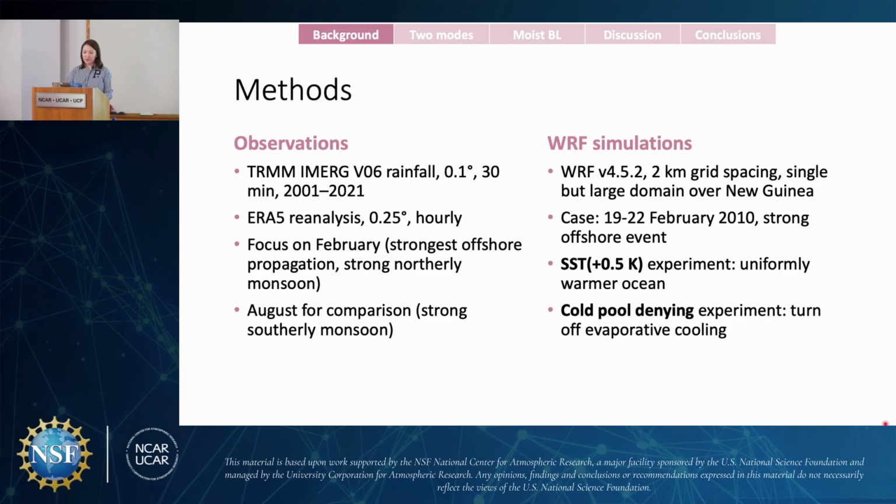The main case is a 3-day period from 19 to 22 February 2010, which shows a very strong offshore propagating event. We then run two kinds of sensitivity experiments. The first one is a higher SST experiment, where we uniformly increased SST by 0.5 Kelvin to give a slightly warmer ocean. And then we apply the cold pool denying experiment to turn off all the evaporative cooling.